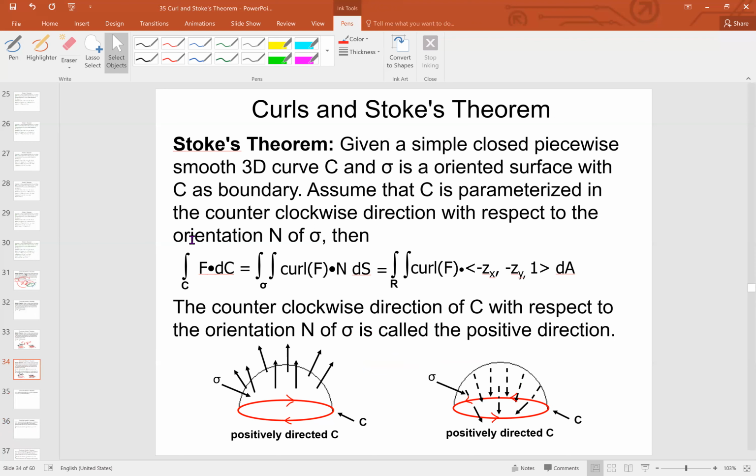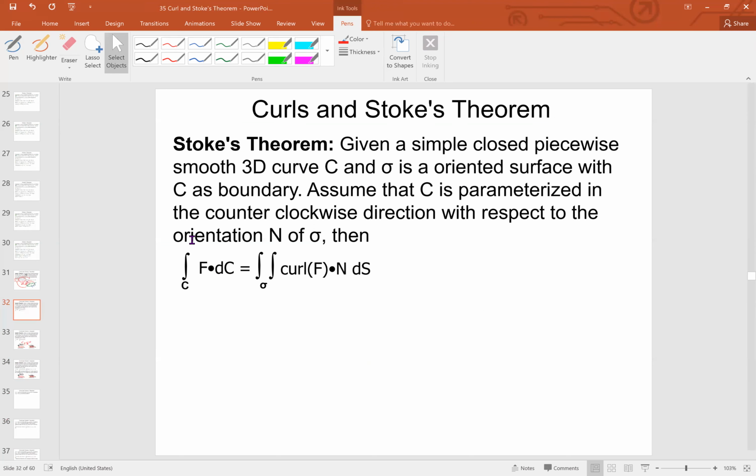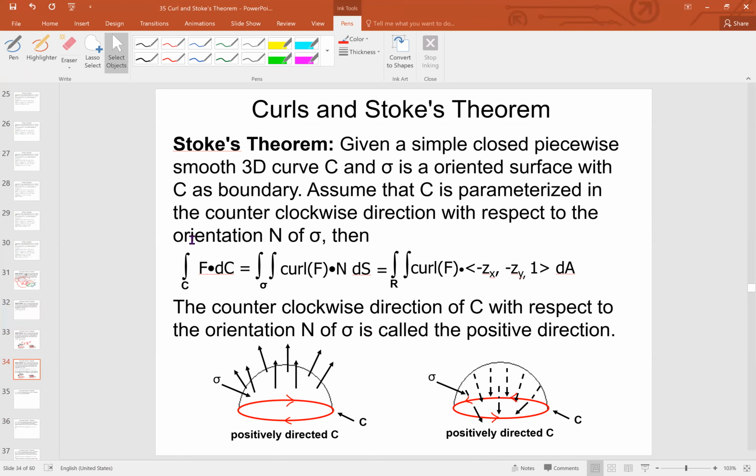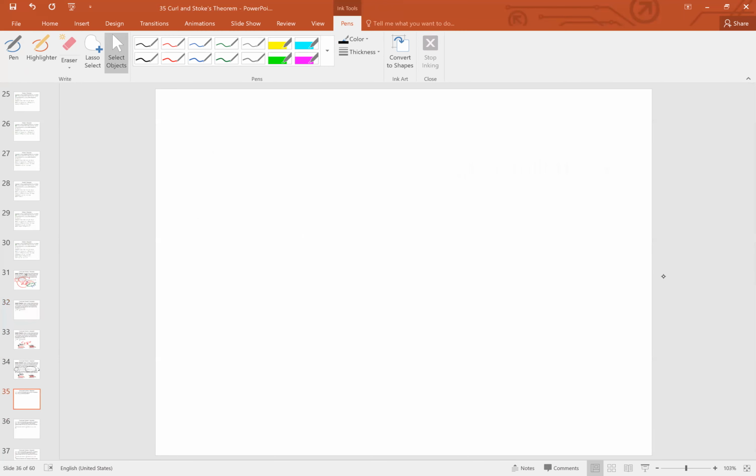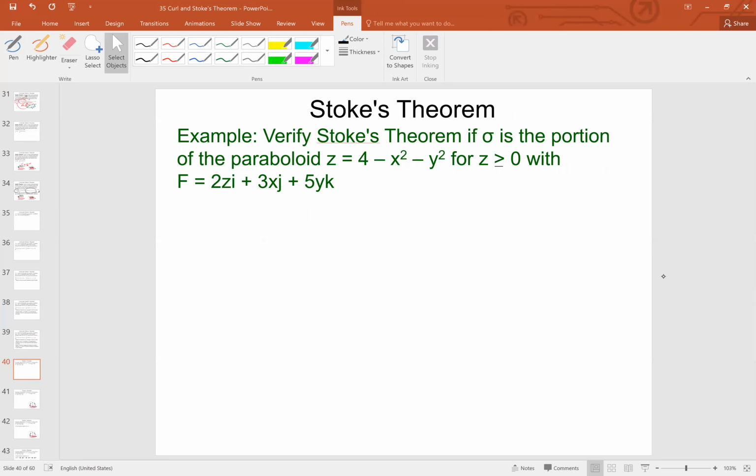In the actual calculations of these formulas, this side is a line integral, and this side is an area integral, from the surface converted into area. So this example verifies that it turns out the same. First, what's the surface?